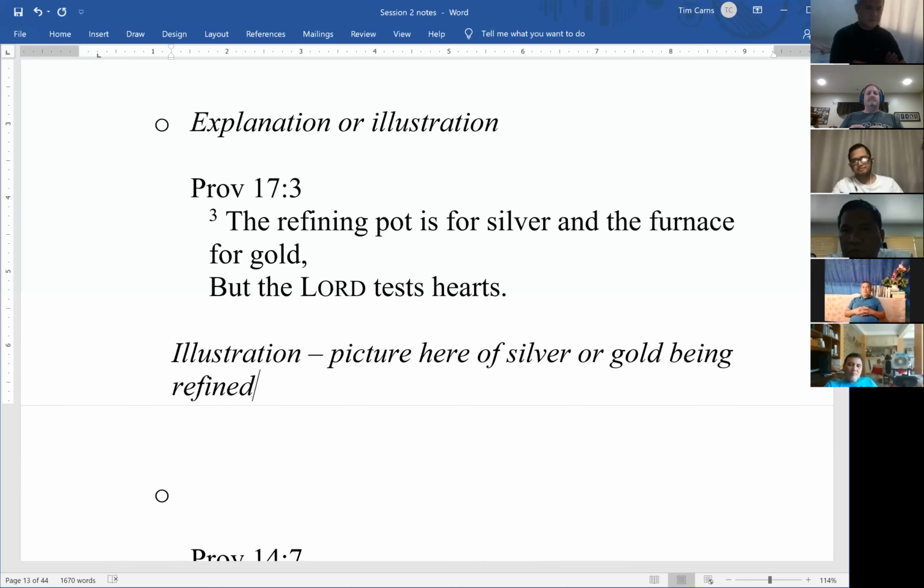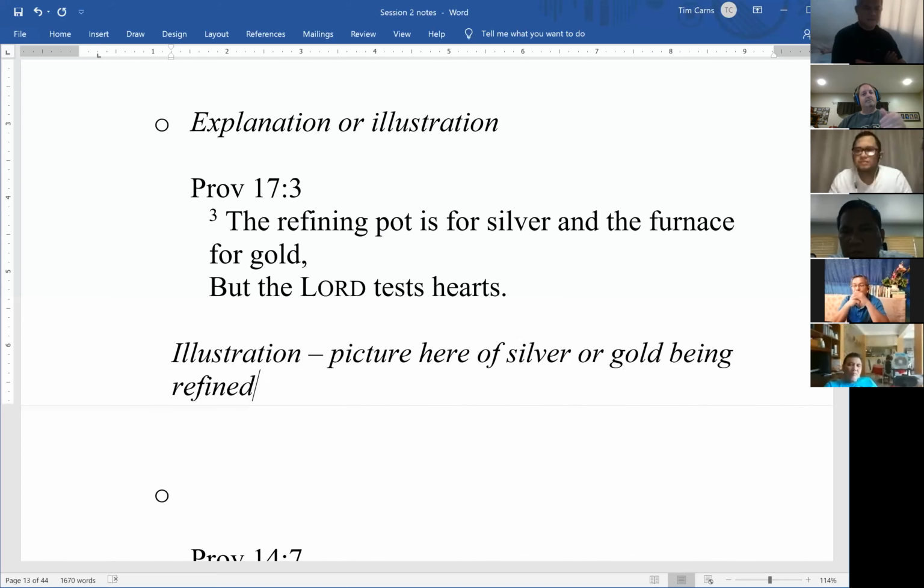He actually describes a process where there's heat, so that the dross rises to the top to be refined. So there's some imagery there. When the Lord tests the heart, it's not always an easy test, is it? So this illustration is very helpful in opening up the idea that the author's trying to make.